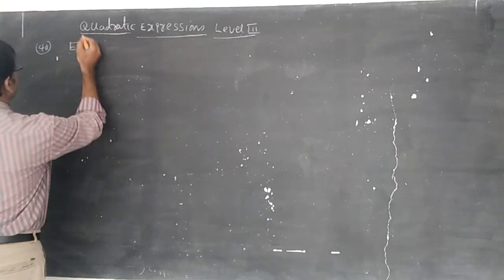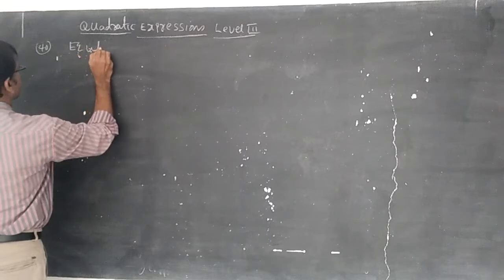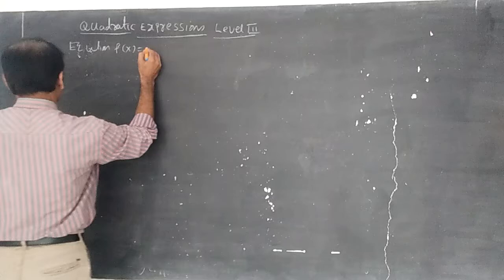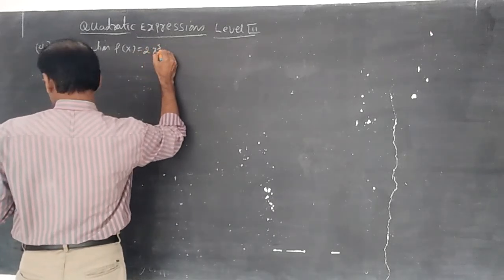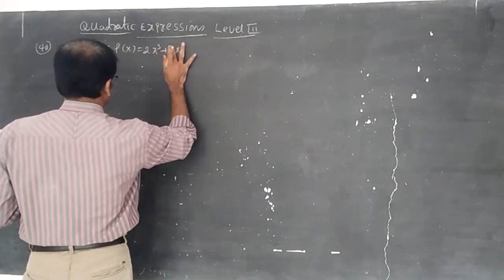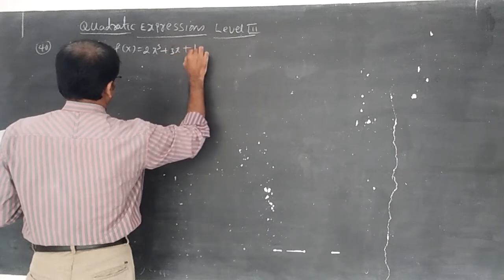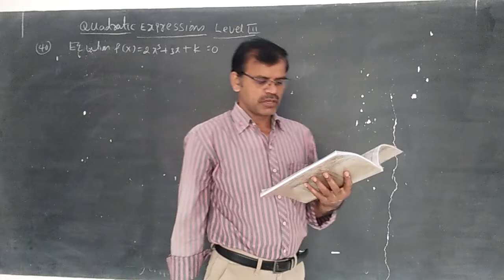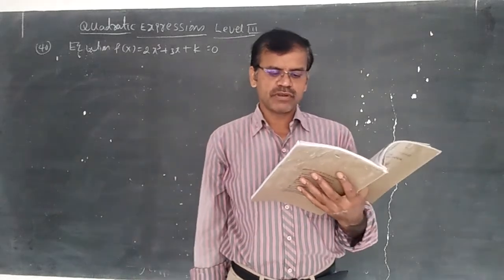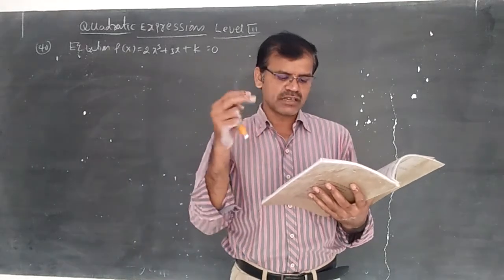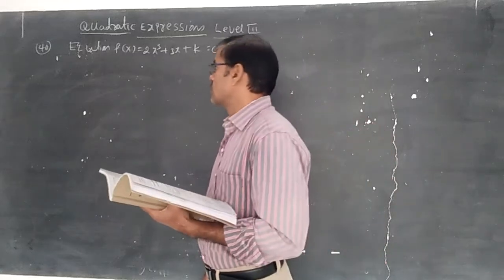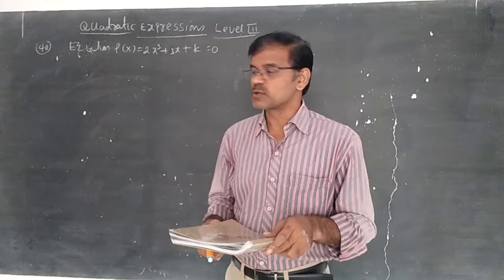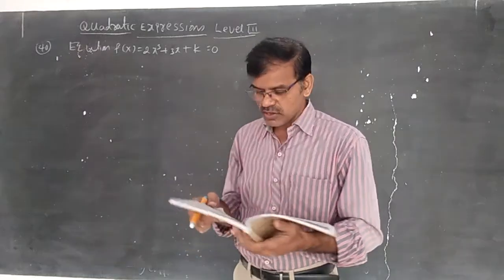This is not a quadratic equation, simply a polynomial equation. Put f of x here: f of x is equal to 2x cube plus 3x plus k, equal to 0. It is a cubic equation. For which real number k does the equation have two distinct real roots in (0, 1)? Whenever a cubic equation has two distinct real roots, we should discuss the third one.